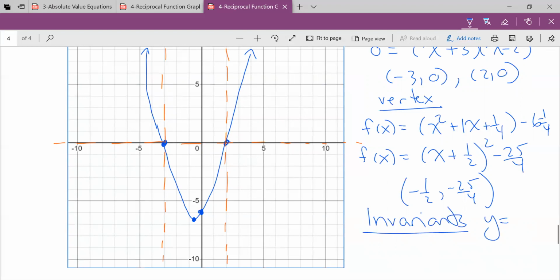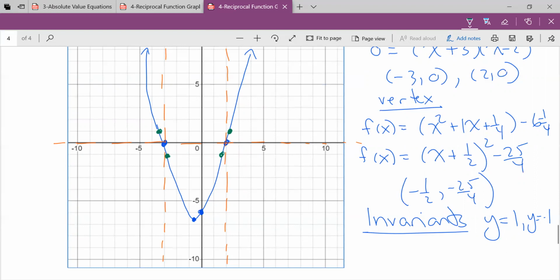That's when y is equal to 1 or when y is equal to negative 1. I'm not going to actually find them algebraically. But more or less, that's when y is 1. So there's 1 there. There's 1 there. When y is negative 1, there's 1 there. There's 1 there. And now I'm also going to figure out where this vertex moves.